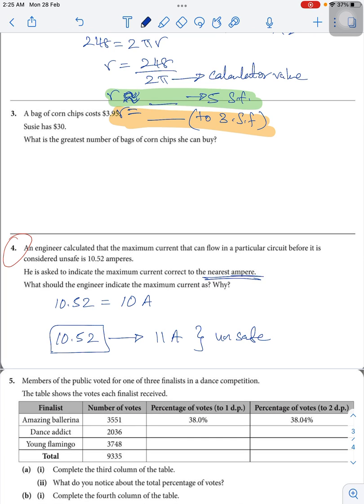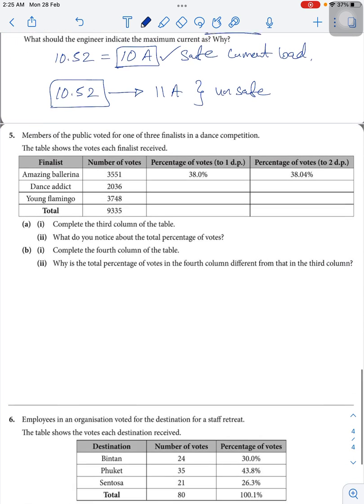So the maximum current you can have is 10 amperes. Okay, and of course this will be the safe current load that can be withstood. Okay, so I think you should be able to do the rest.